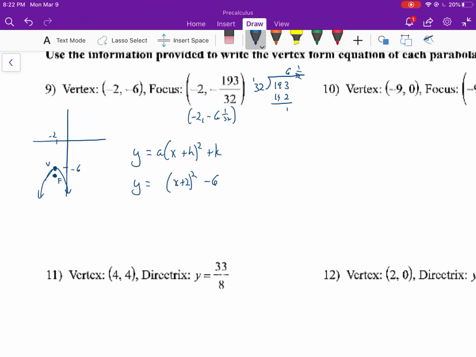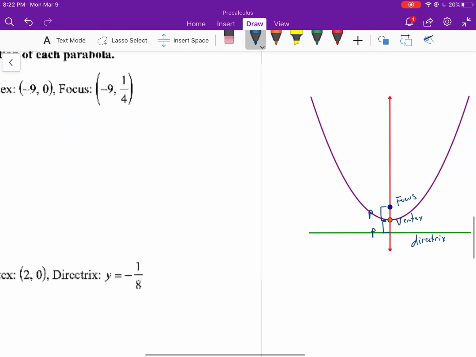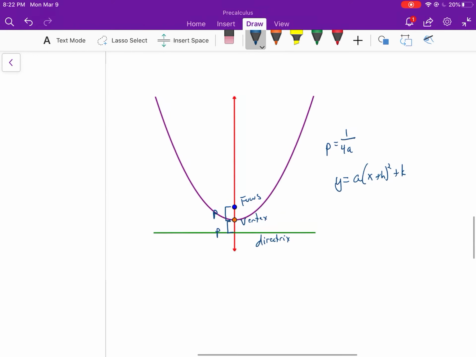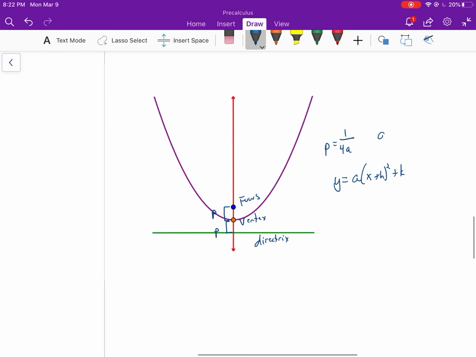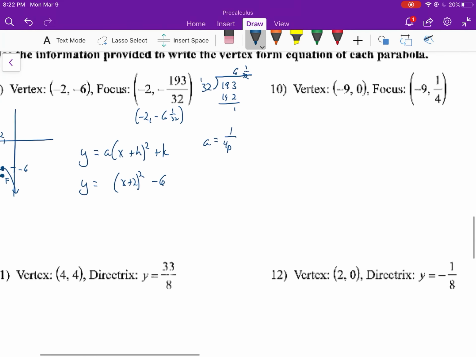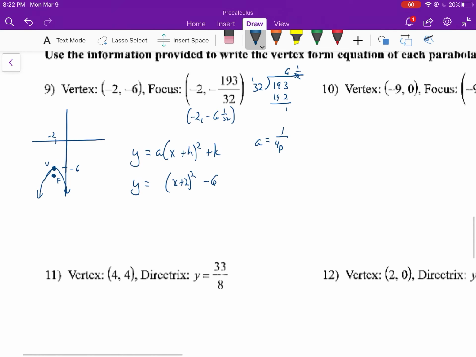But now we have to find this value of a. We mentioned earlier that a is 1 over 4p. I mentioned p is 1 over 4a, but a is 1 over 4p. It's interesting how that works out.